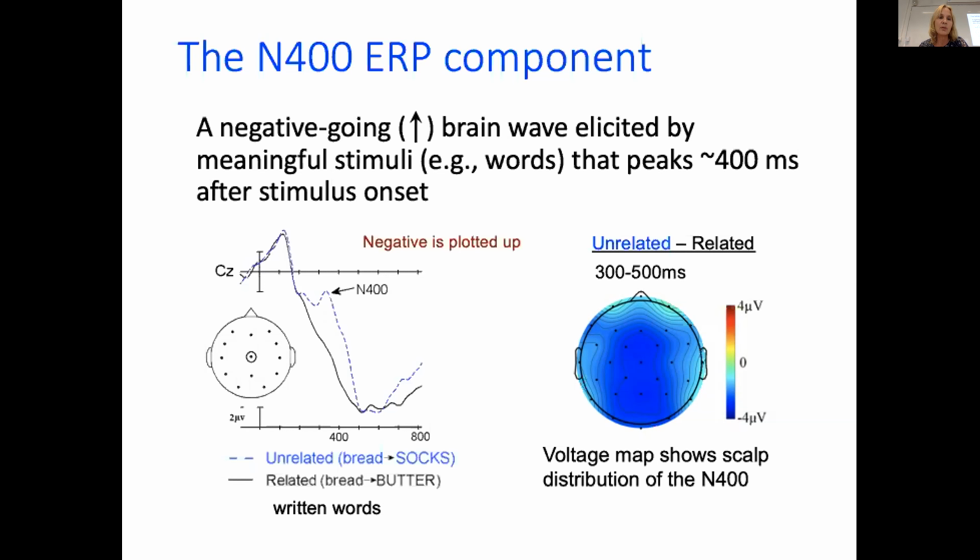From a central electrode, CZ, you can see a larger N400 to the unrelated target, so socks preceded by bread, versus the related one, butter preceded by bread. And the voltage map is basically showing you the distribution of this response. N400s tend to be central or posteriorly distributed across the brain.